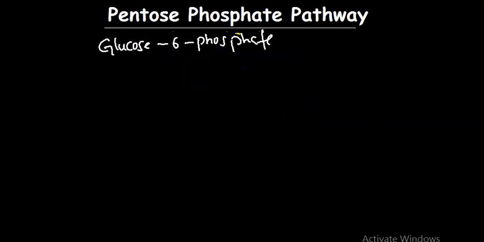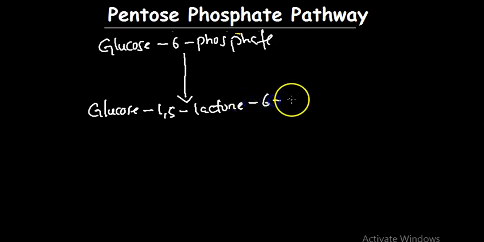Okay, now let's write it. The next step at this point is the addition of 1,5 lactone. Glucose 1,5 lactone 6-phosphate. And notice that this conversion happens with the help of the enzyme glucose 6-phosphate dehydrogenase.